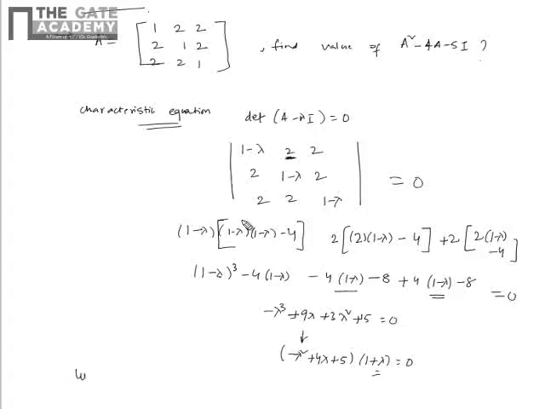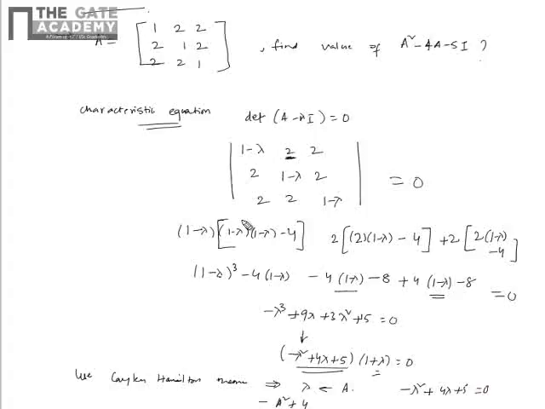Now use the Cayley-Hamilton theorem, which says that in the place of lambda you can put A. So let's put A, and we get minus A square plus 4A plus 5I is equal to 0.